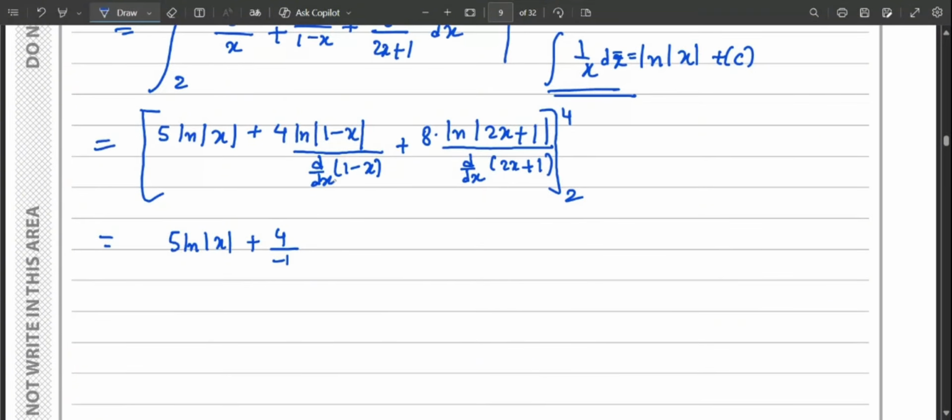The differentiation of 1 minus x would be 0 minus 1, which is minus 1. And for the 8, we know that the differentiation of 2x plus 1 will be 2 plus 0, so 2. So 4 ln of 2x plus 1, and the limits are present.